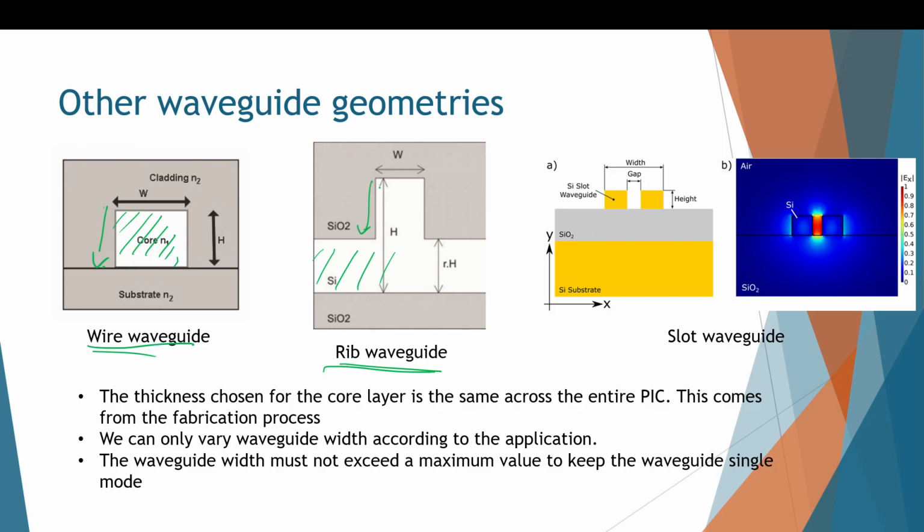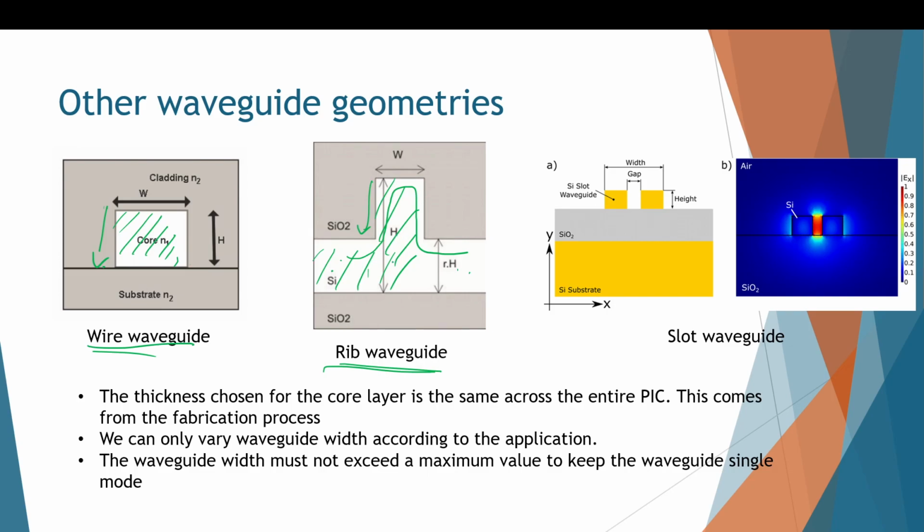However, because of the width and height difference between this region and this region, the effective refractive index here will be higher compared to here. So this portion will also act as a lower index material. So the mode profile inside this will look something like this.